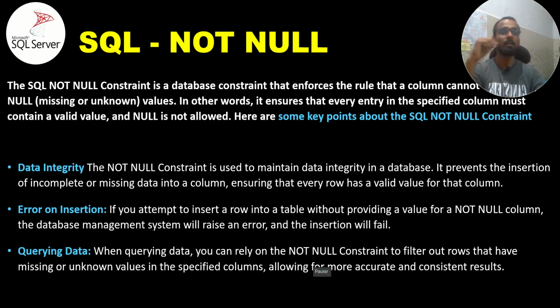Let's take a real-world example. In a patient table there would be multiple columns, and for a geographical column, let's say the zip, it must be known. It cannot be unknown or missing, so we provide a not null constraint there.